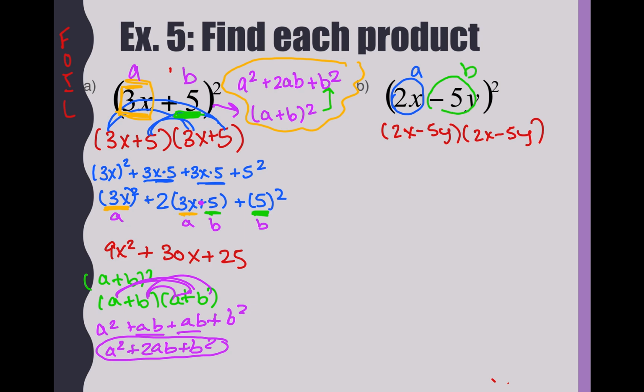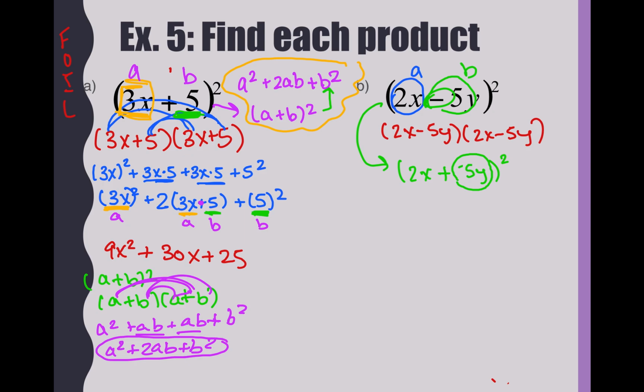I could rewrite this as 2x plus negative 5y, squared. That makes it a little more clear that this is our b term, because remember it's a plus b. So I don't want a to be 2x and b to be 5y. This is not a plus, so I need to change that to a plus and negative 5y. So my b is negative 5y.